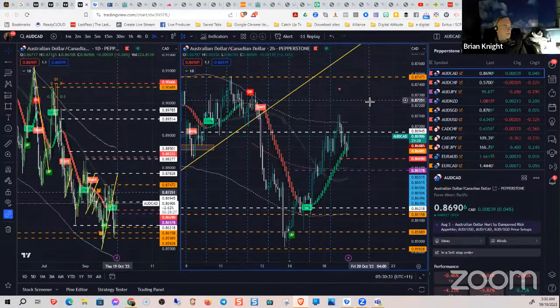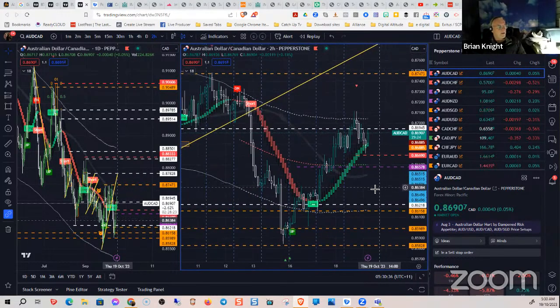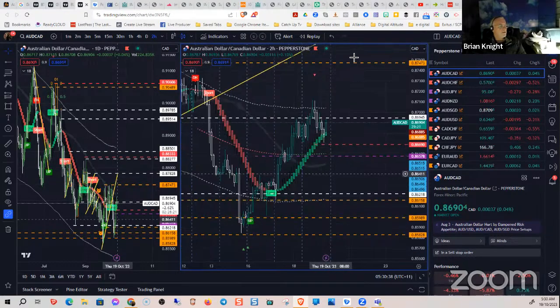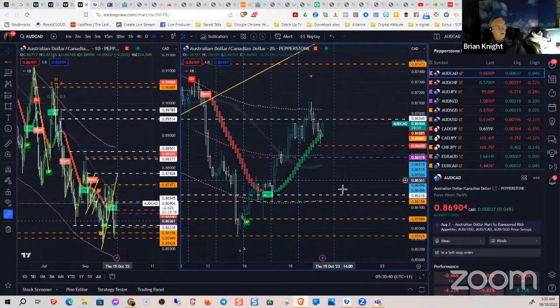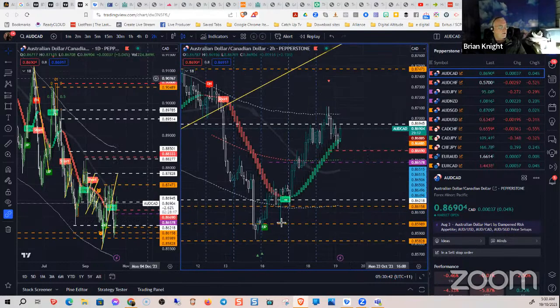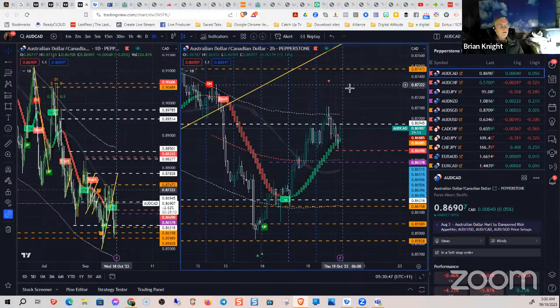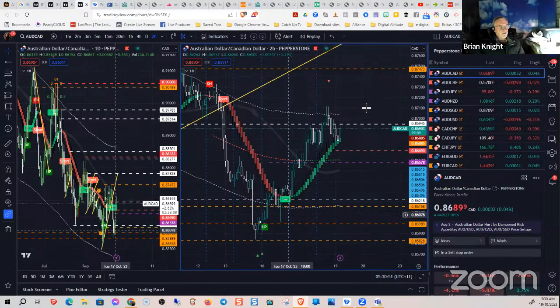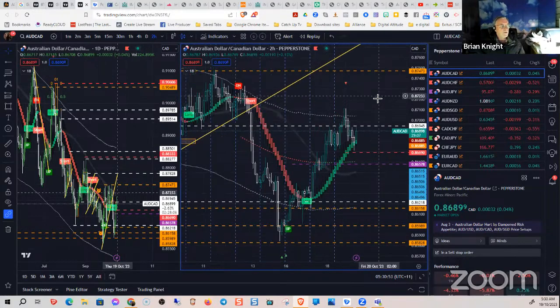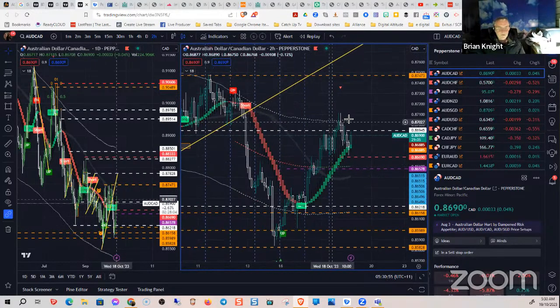So let's look at some of these AUD pairs. I'm on 2 hour here for the AUD, looking at the indicators. This long here is against the overall trend on the daily, so it could be relatively short-lived.